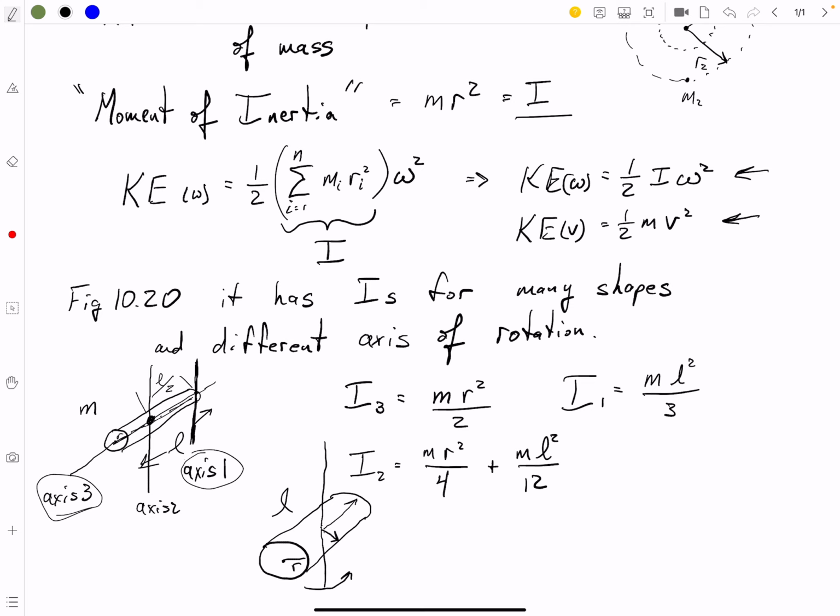One is in the R direction. That would be this one. And then one's in the L direction. And that would be this one. So we need to do something for both, okay? And considering both ends up giving us this.